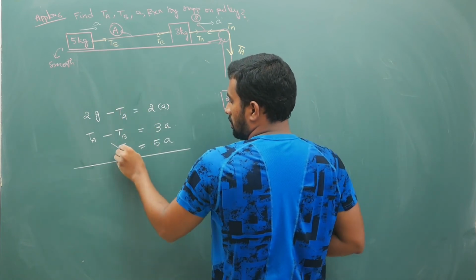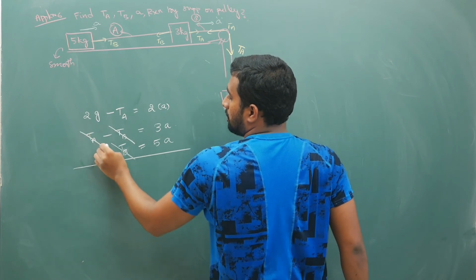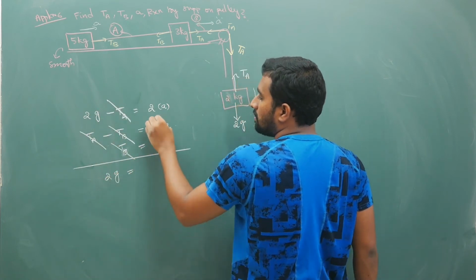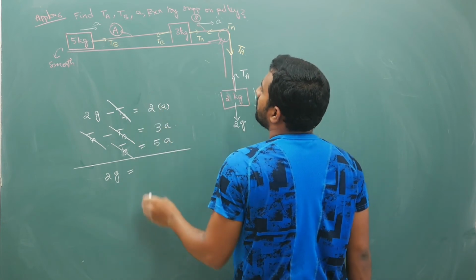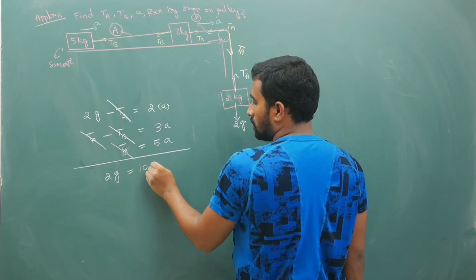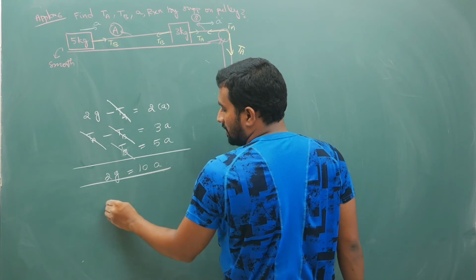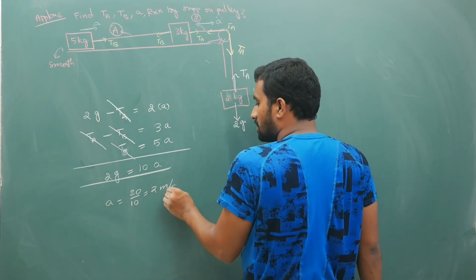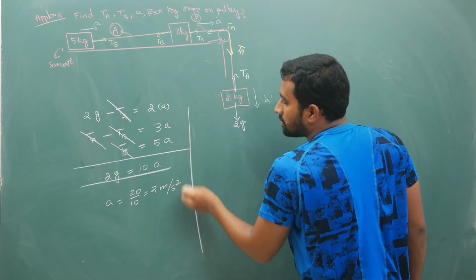So TB minus TB plus TA minus TA cancel. So 2G is equal to 5 plus 3, 8, 8 plus 2, 10. So 10A, your acceleration is 20 by 10, that is equal to 2 meter per second square. Now substitute this back.